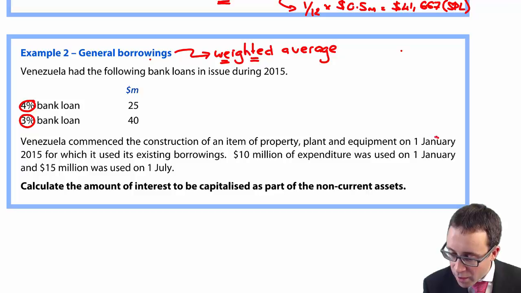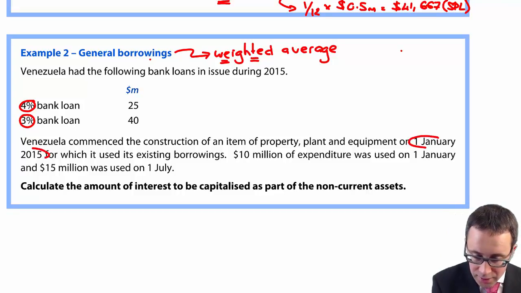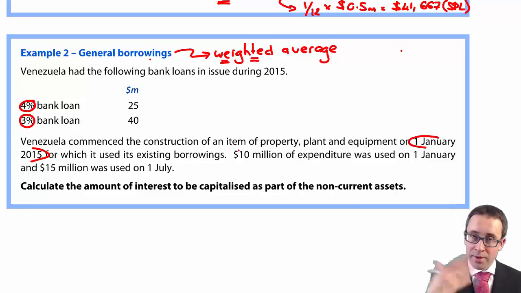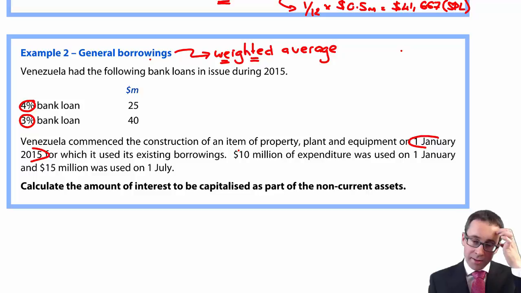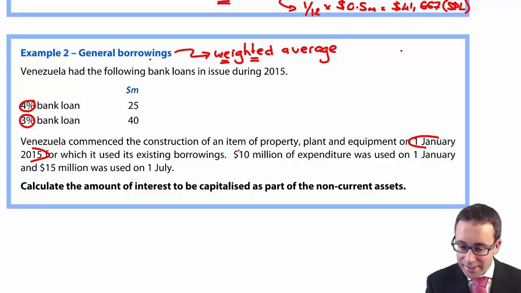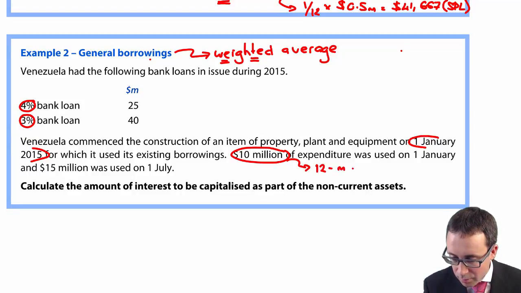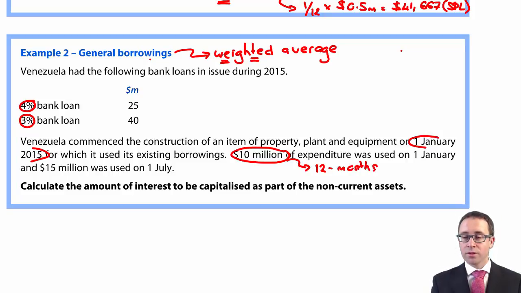But as we carry on, it says Venezuela commenced the construction of an item of property, plant and equipment on the 1st of January 2015, for which it used its existing borrowings being the 25 and the 40 million. And it says 10 million was used on the 1st of January. So is that 10 million for 12 months?